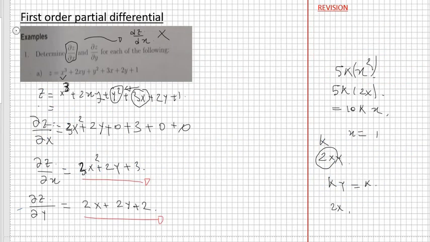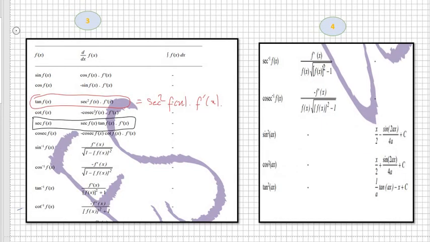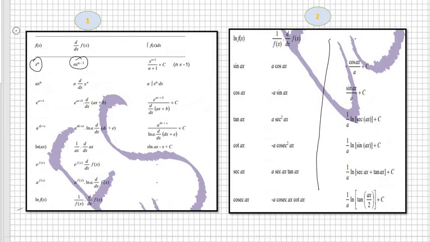So if you go back to the formula sheet, let's take time to see this formula here. We are actually looking at this formula. If you derive e to the power of a function f, all you need to do is repeat e to the power of that function, and then multiply by the derivative of that function.